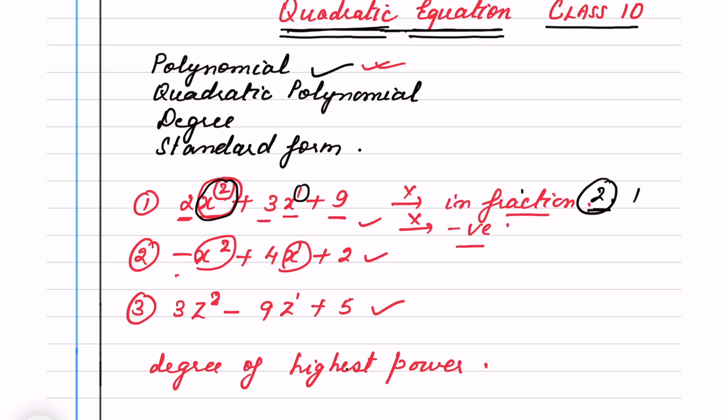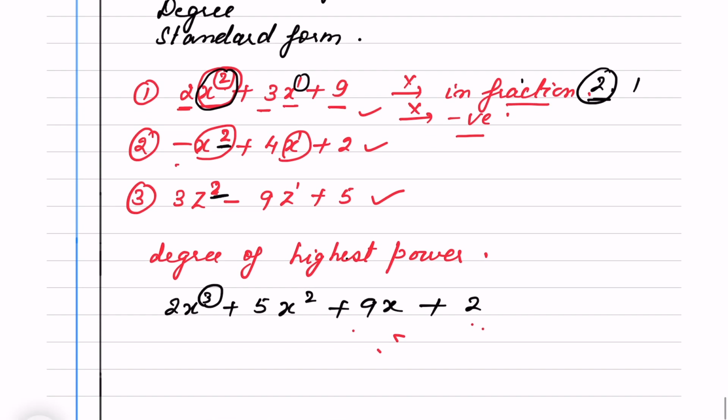That is the degree of this polynomial. Here also the highest power is 2. So that is the degree. If I write 2x cube plus 5x square plus 9x plus 2, this highest power is 3. That is, 3 is the degree.